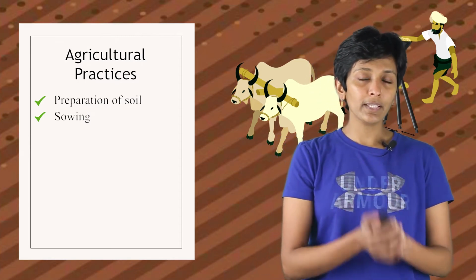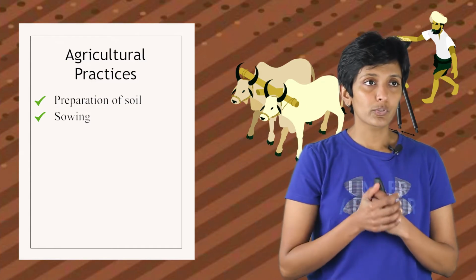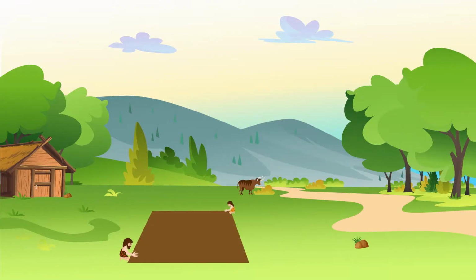So, to explain this, let's go back to a story. You remember we talked about hunter-gatherers. When they started doing agricultural practices in the very beginning, they noticed something strange. A piece of land where they would sow and then harvest their crops would time after time start giving lesser and lesser yield.